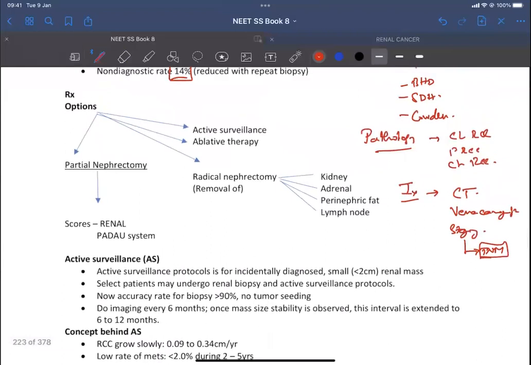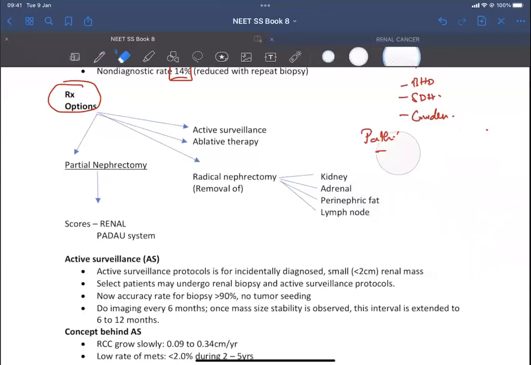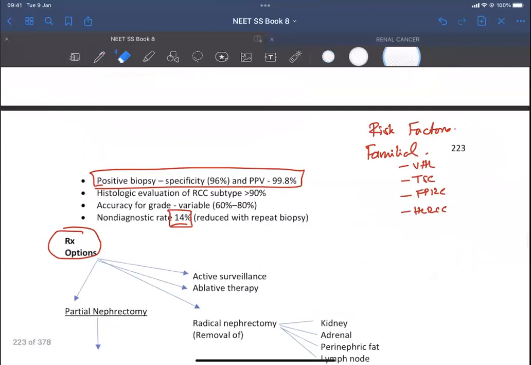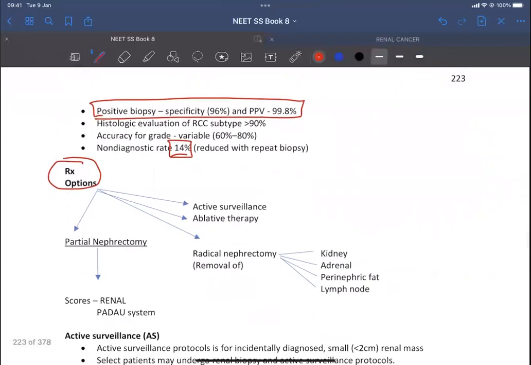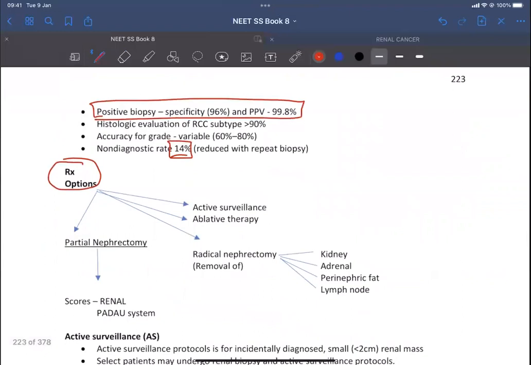Moving on next is to the actual treatment. So as I said, treatment for RCC is quite black and white. There are candidates who can have surgery.